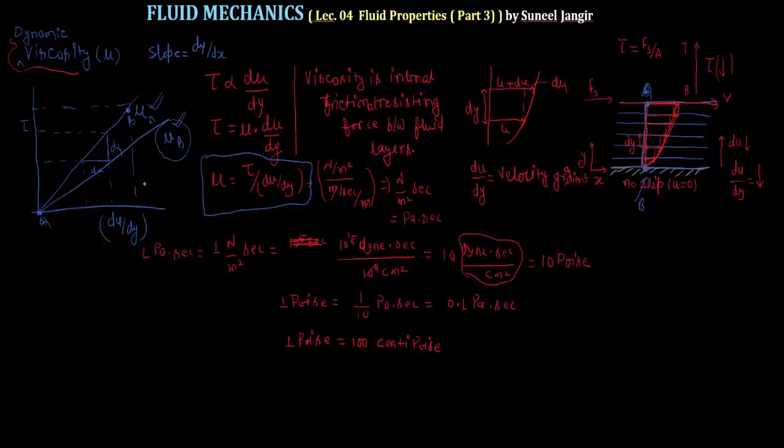So I can say mu B is less than mu A, but throughout, the slope remains constant. For two fluid comparison, we can say that for fluid B the viscosity is less compared to fluid A here.